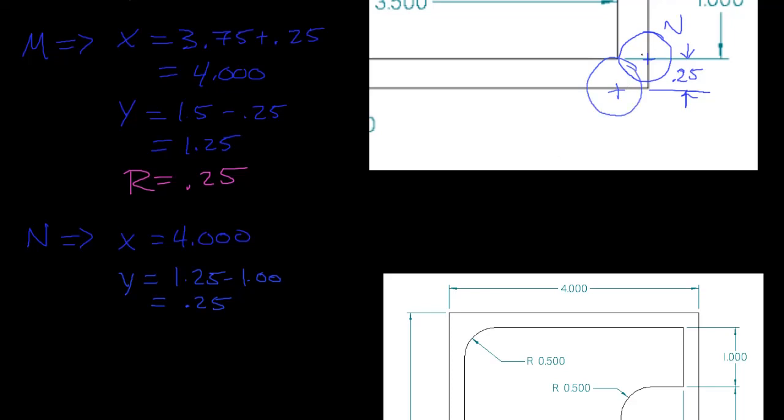All right, and I know that's going to roll around that corner again, so it's going to follow an arc, and that arc is going to have a value of 1/4 inch.